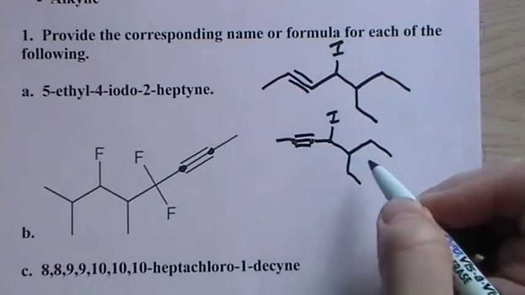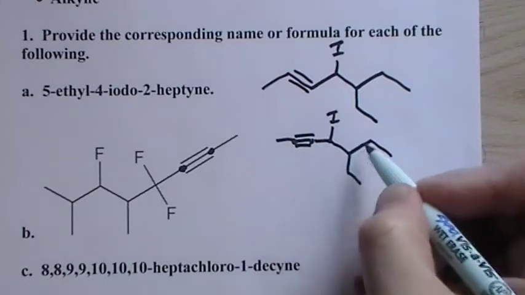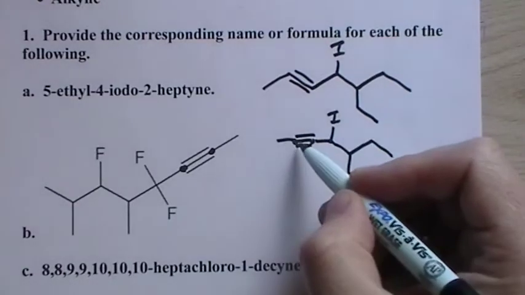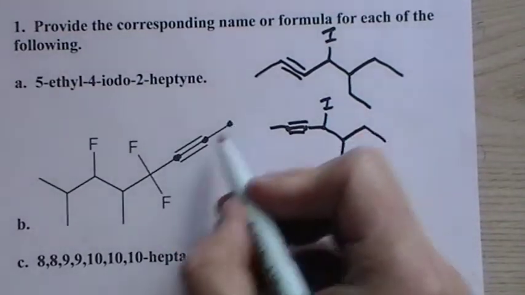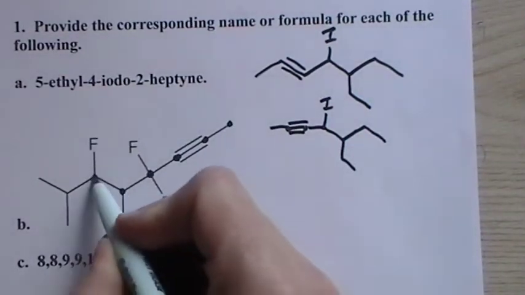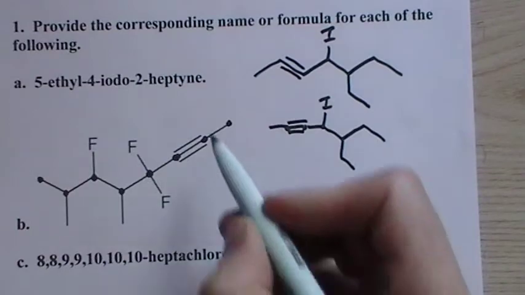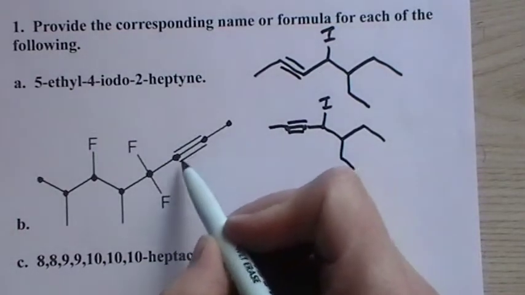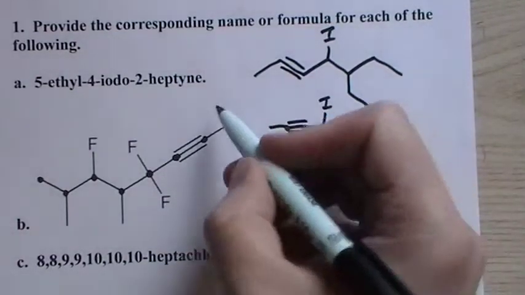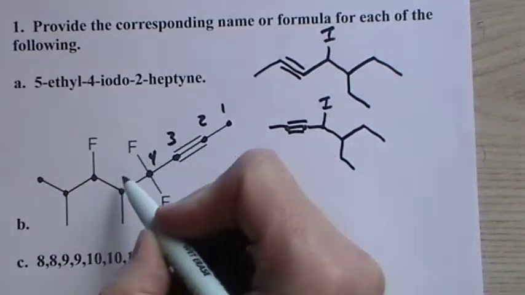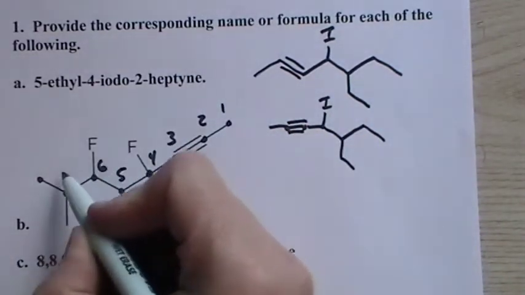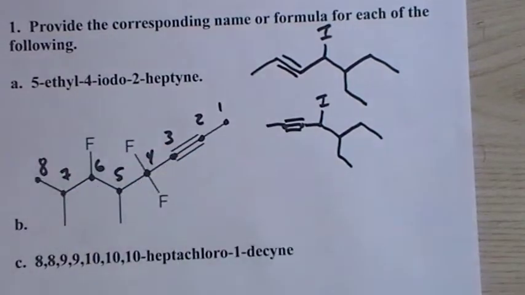Okay, so I think that's the guy. Let me make sure. 1, 2, 3, 4, 5, 6, 7. 1, 2, 4, 5. Okay. Now for this guy, let me put circles on all the carbons. And we can see that we start the triple bond, just like the double bond, with almost the same exact rules, except that instead of E-N-E, we end the compound with Y-N-E, yne.